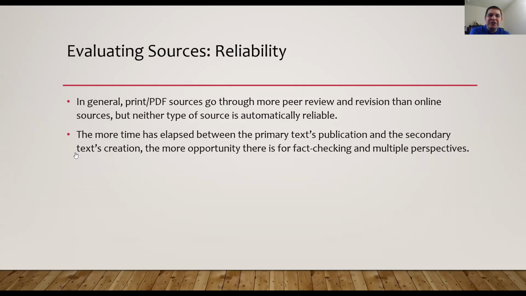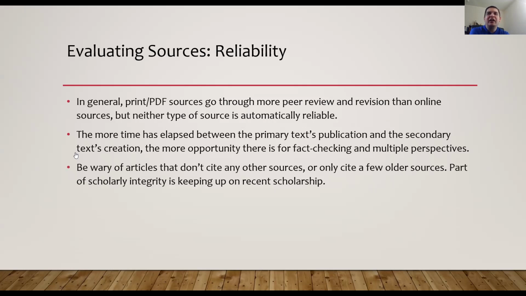By the time you see an article in something like Google Scholar, it's probably been at least a year since it was written. In most cases, some stuff they rush to publication a little faster. If you find an article that has no citations at all, or all the citations are from the 1950s, it's probably not a good source for you.